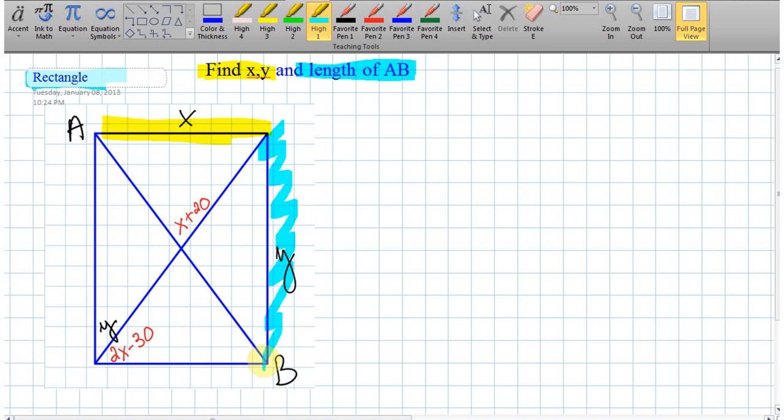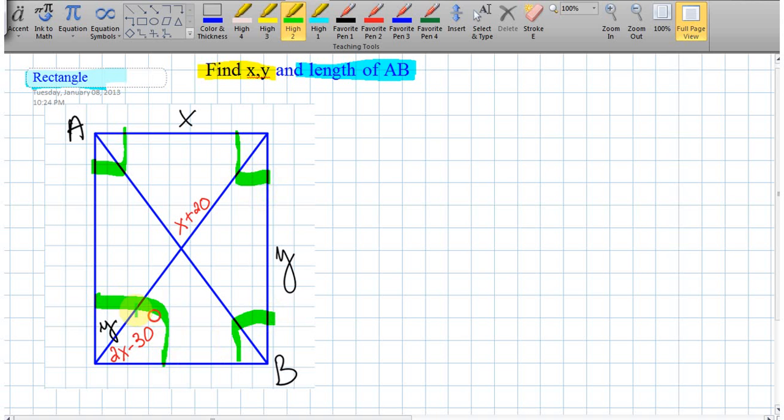So how are we going to connect the properties of a rectangle in order to determine what equation to write to solve for x and y? Well, one of the properties of a rectangle is all 4 angles are 90 degrees. And if you notice over here, it turns out those 2 angles have to add up to be 90 degrees.